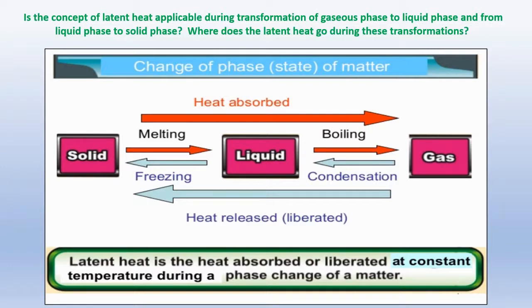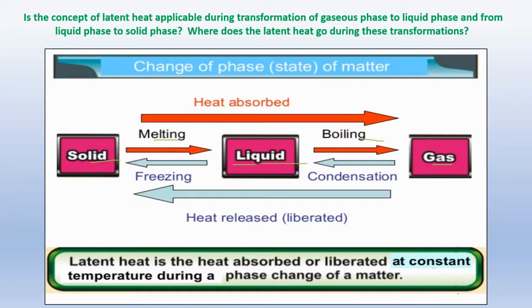So what is happening from solid to liquid? The object melts and gets the liquid form, and when the liquid is boiled, it is converted into gas.